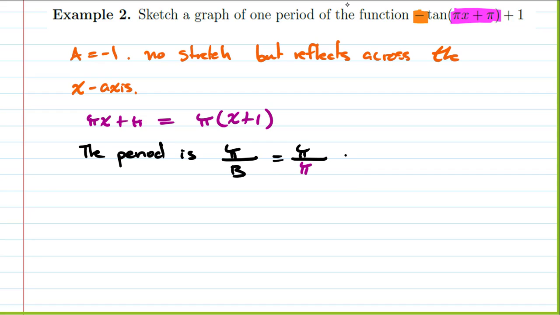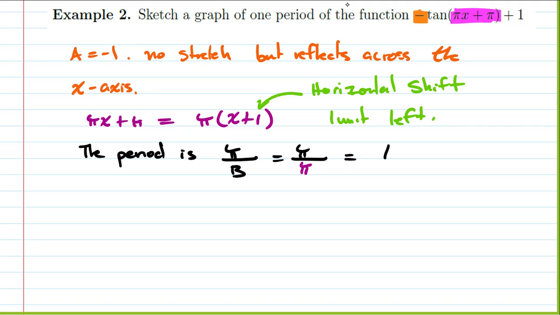So our period is going to be 1. This piece right here is a horizontal shift, and it's going to be 1 unit left. Lastly, we got this guy right here, and it's going to shift up 1 unit.